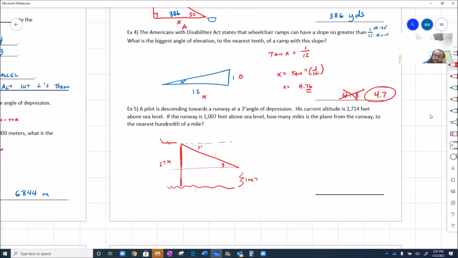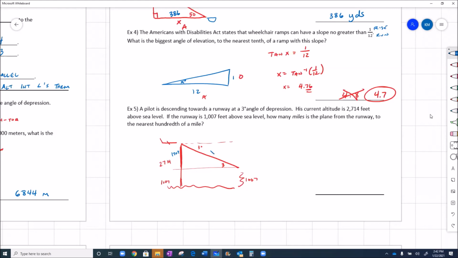They told us the runway was 1,007 feet above sea level, and the plane was 2,714 feet above sea level, but we really care about what this actual height is going to be, and that actual height is going to be 1,707 feet.